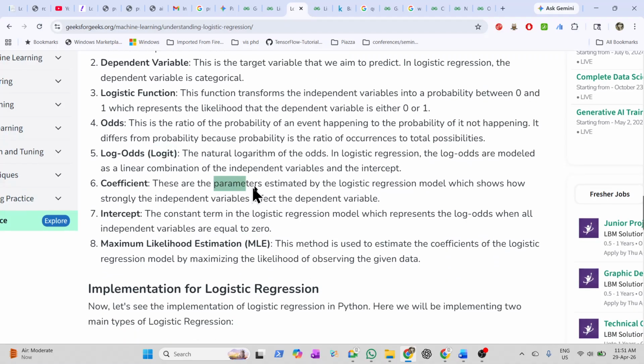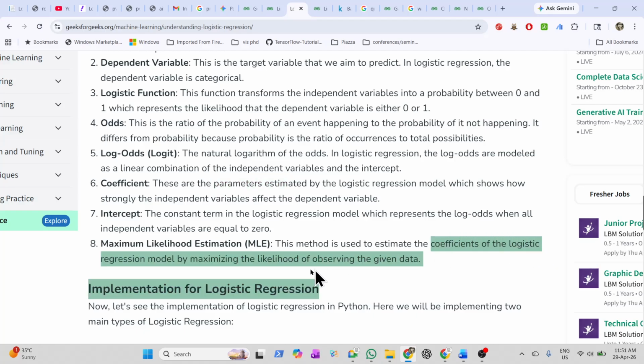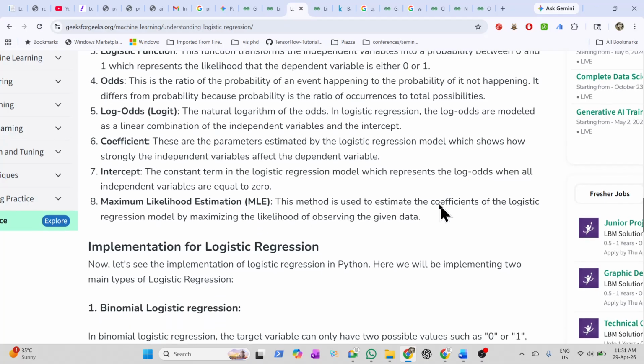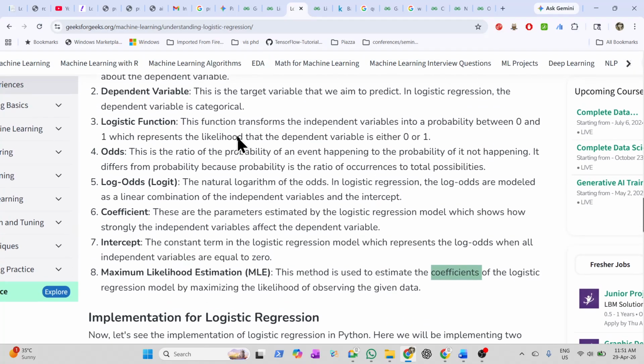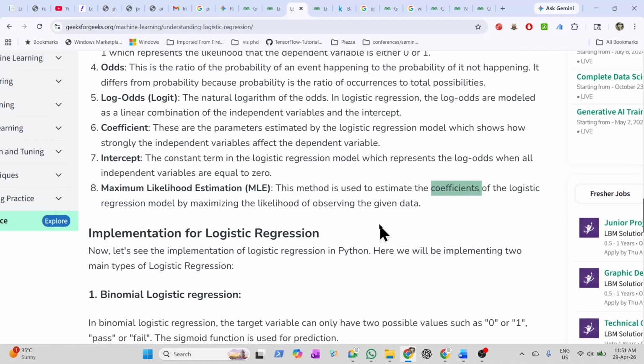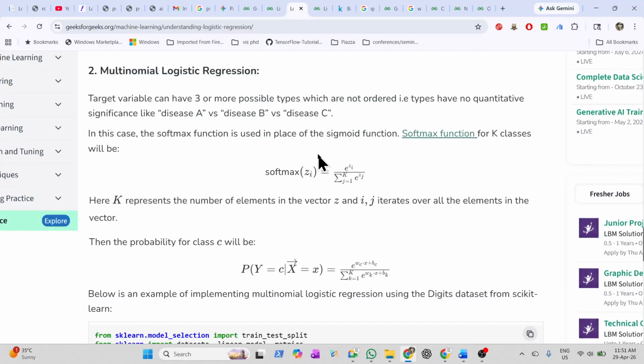Coefficients are the parameters like W. Intercept is the constant term, which is the bias B. Maximum likelihood estimation is a method used to estimate the coefficients of the logistic regression model by maximizing the likelihood of observing the given data. Coefficients are also called weights or parameters.